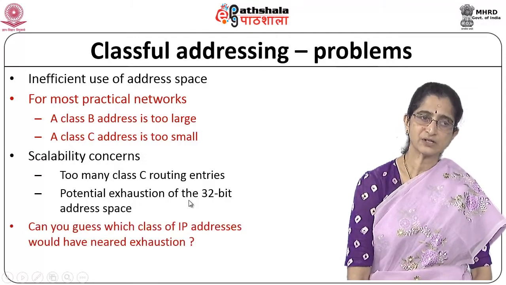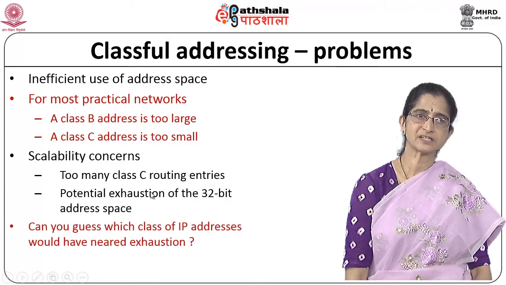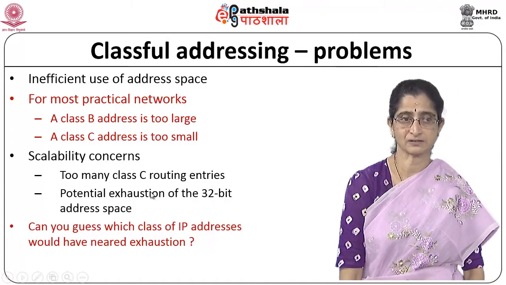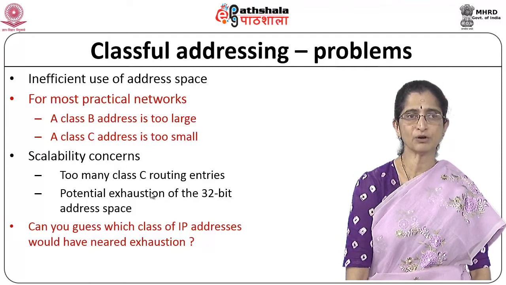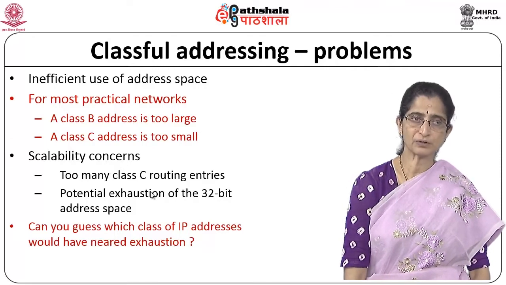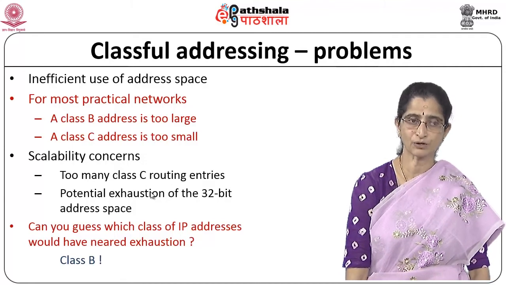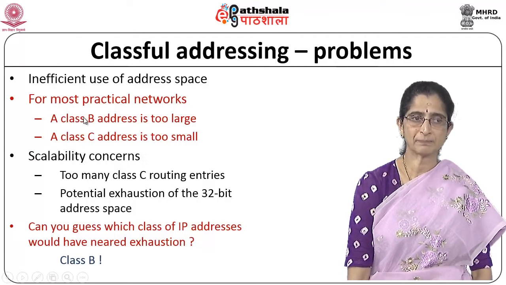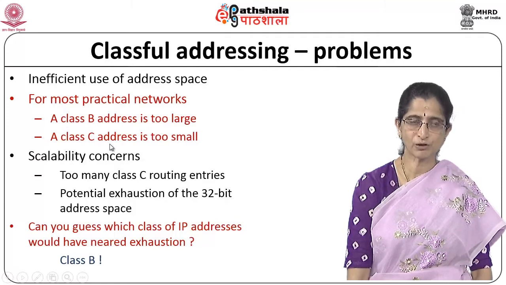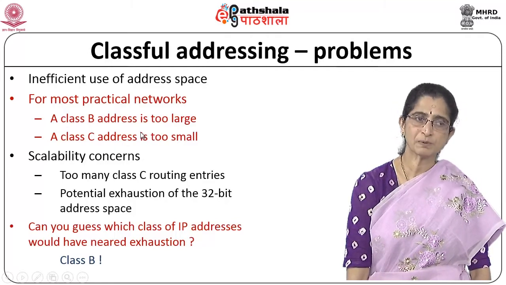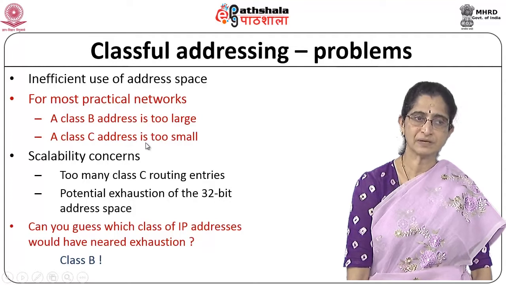Actually, can you guess which class of IP addresses would have neared exhaustion faster? Would it be class A or class B or class C? If you think about it, you will see that it is class B that has got exhausted faster, because A is too large, so you do not pick up a class A address. C is too small, so you do not pick up a class C address. So most people will be picking up only a class B address, right?